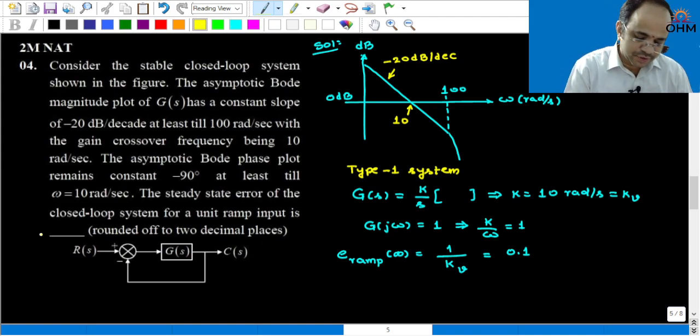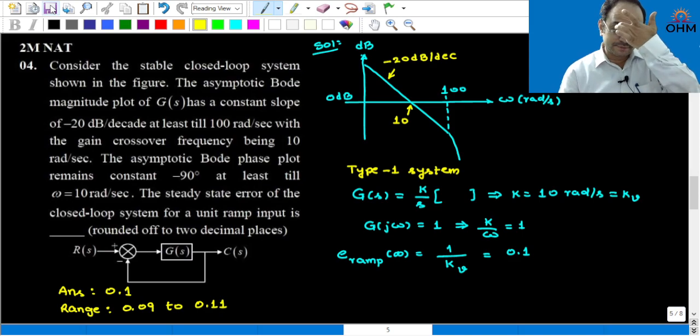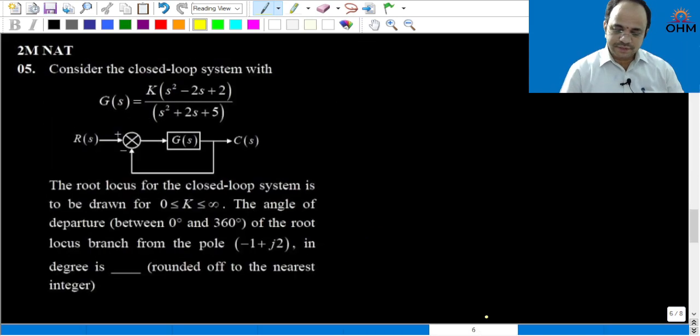So for this question, the correct answer is 0.1, and as per the official key, any number you enter between 0.09 to 0.11 is considered a correct answer. Okay, let us move to the next question.